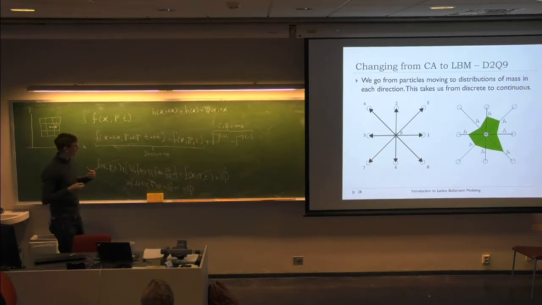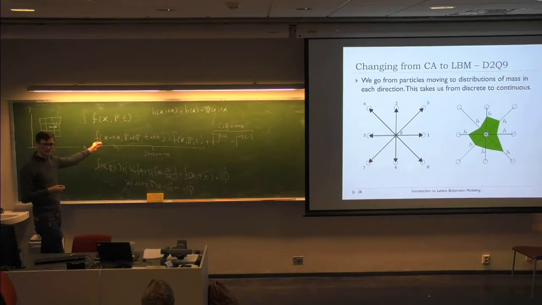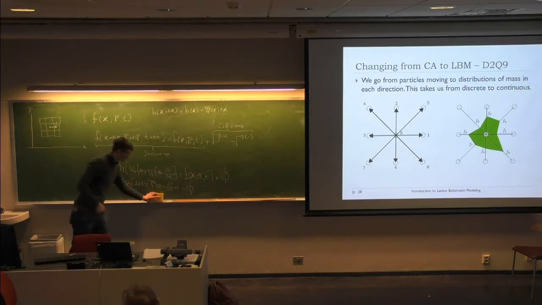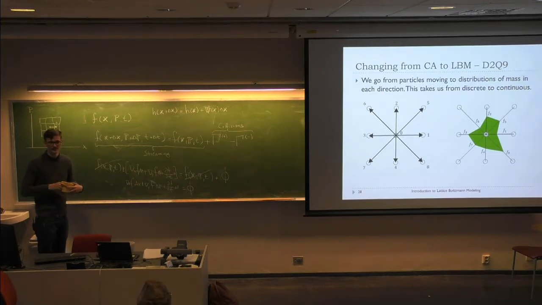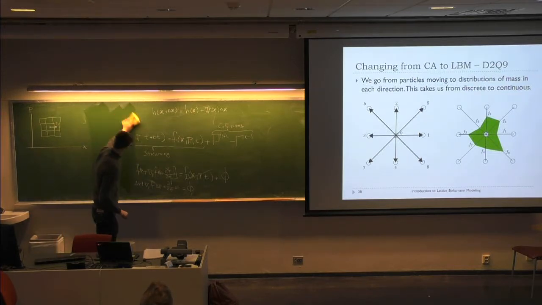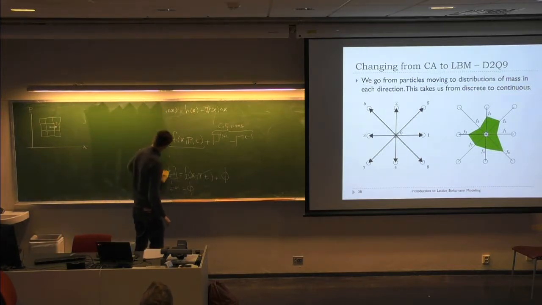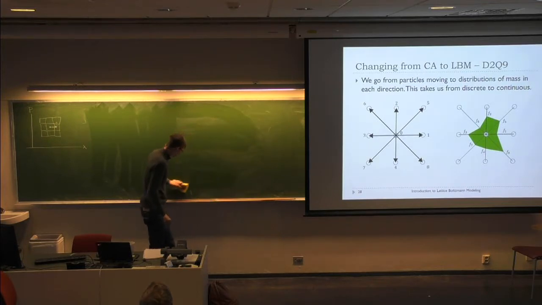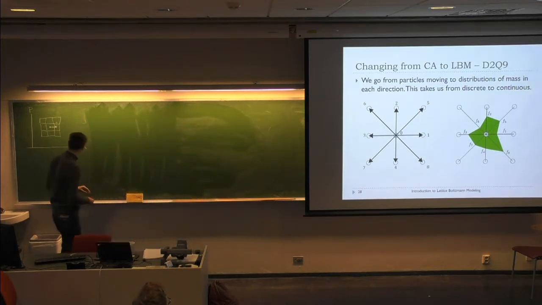So maybe we can use distribution functions and some ideas from statistical mechanics to create a similar type of simulation as the lattice gas cellular automata. So take this away. Now we're not going to look at phase space anymore.